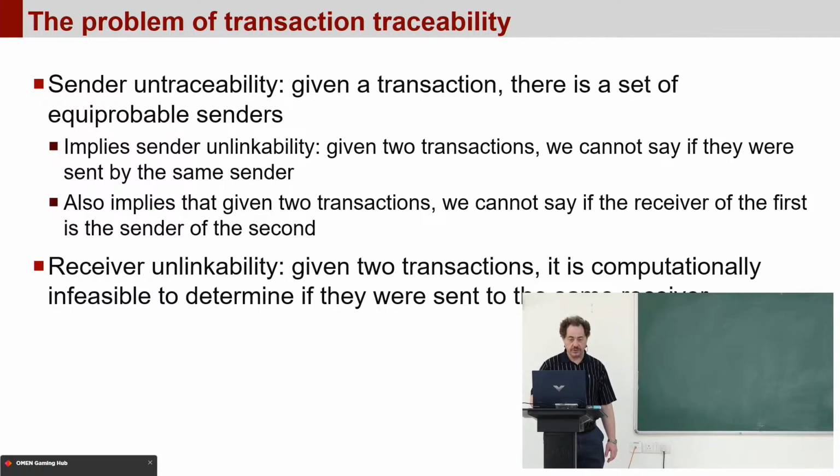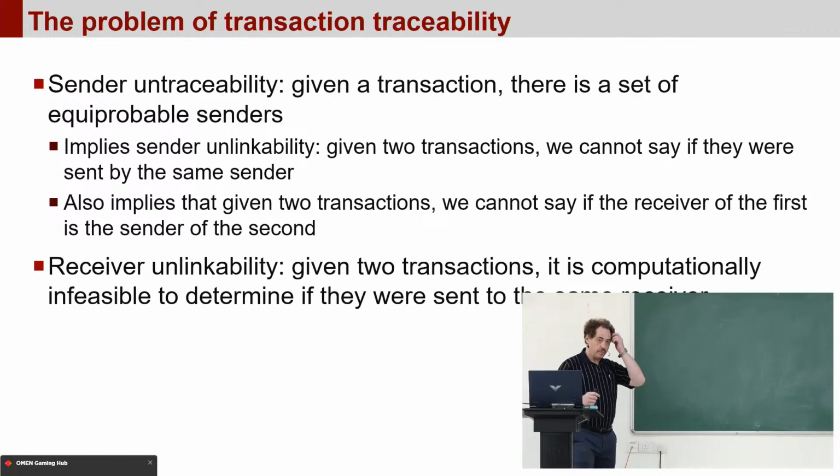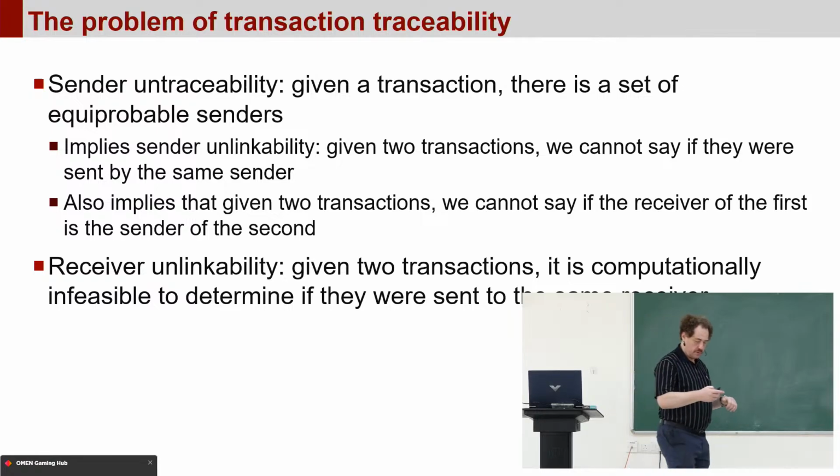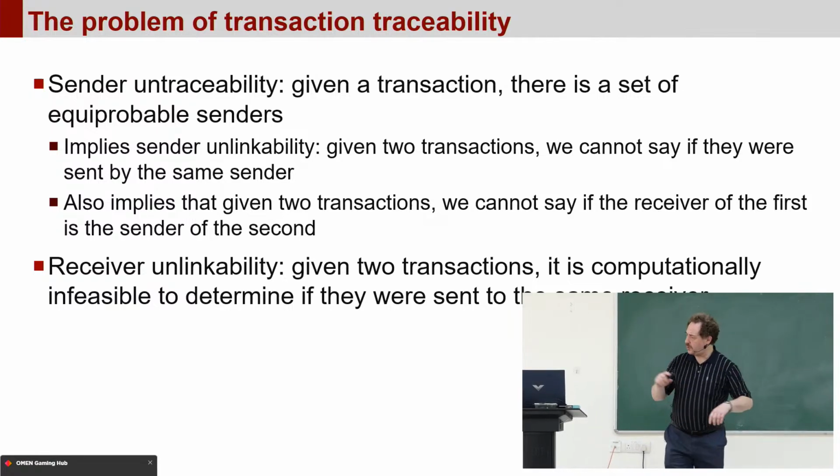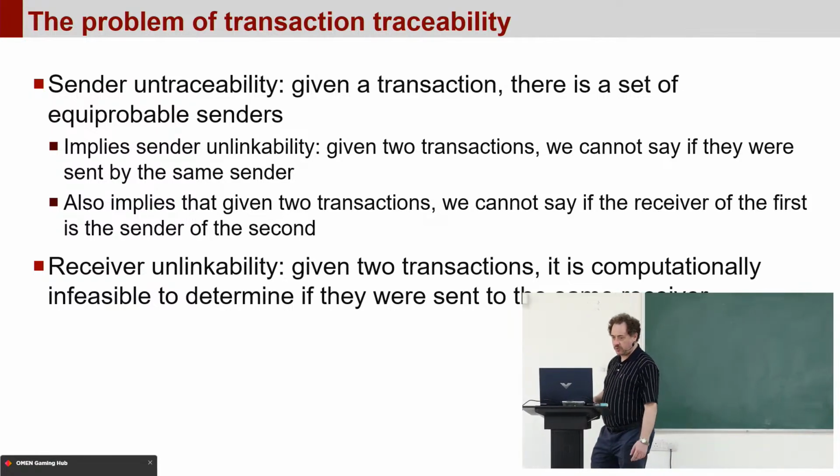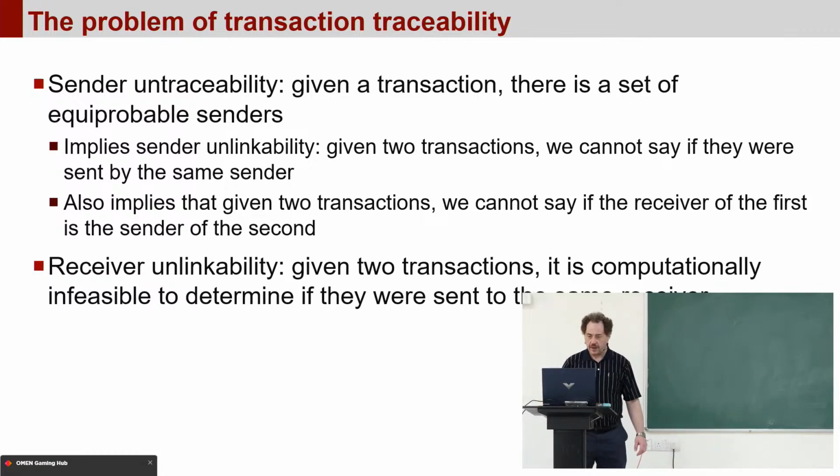Given a transaction, there is a set of equiprobable senders. Well, I'm going to demonstrate what it means on the next slide. Sender untraceability implies sender unlinkability, which is the property that given two transactions, we cannot say if they were sent by the same sender.